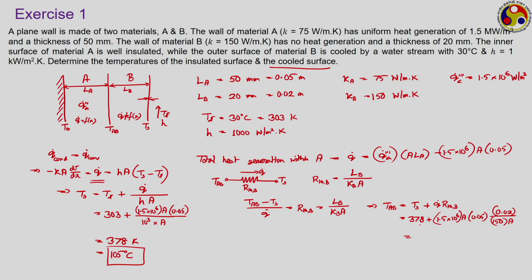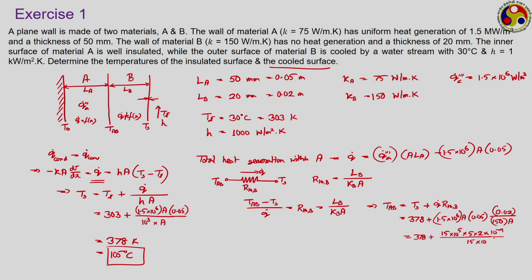If we try it out, it is 378 plus, what we have: 15 into 10 to the power 5, and then 5 into 2 into 10 to the power minus 4, and 15 into 10 in the denominator.